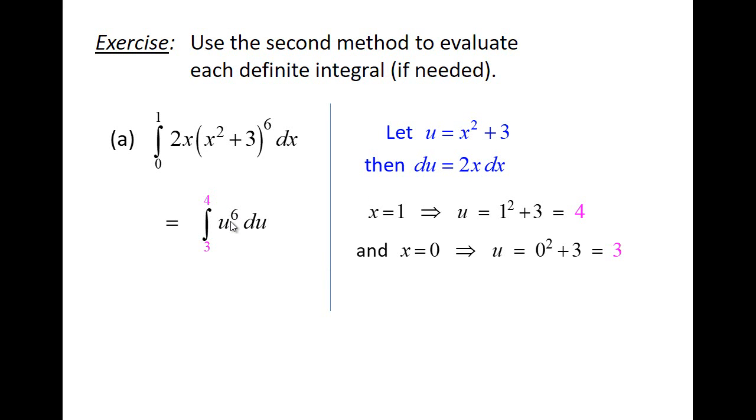What is the antiderivative of u to the 6 with respect to u? It is u to the 7 over 7. Now we plug in 4 and 3 and subtract. So we get 1/7 times 4 to the 7 minus 3 to the 7, which is going to be 14,197. And that's the final answer.